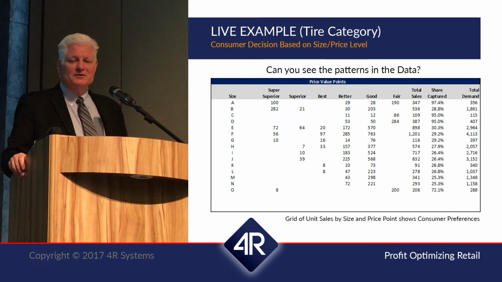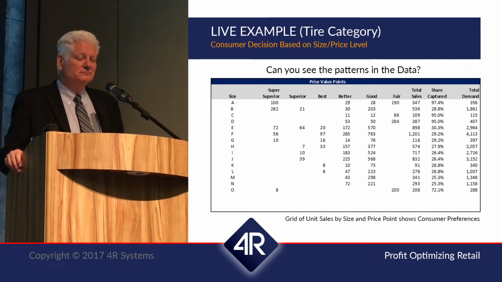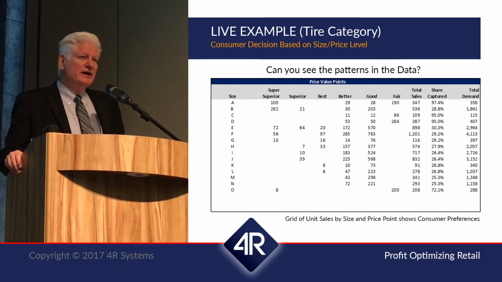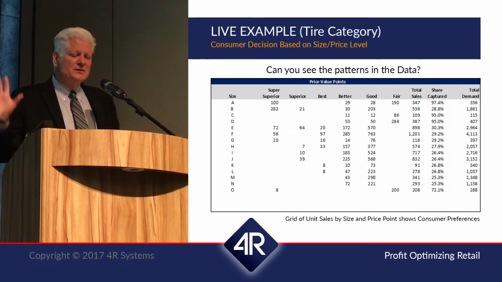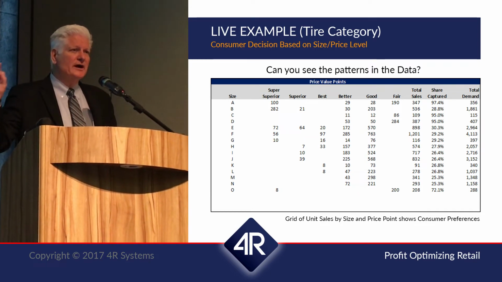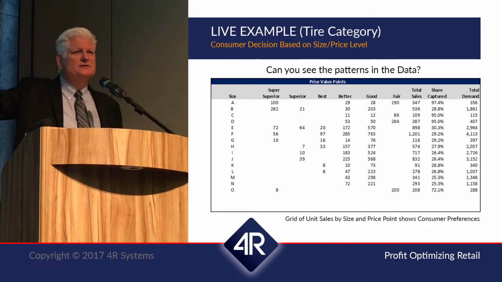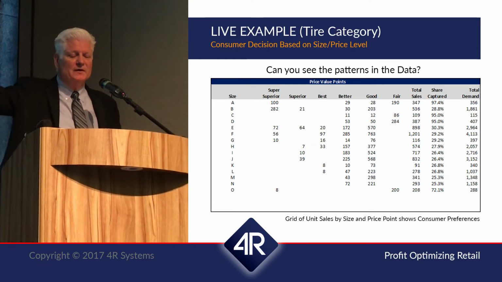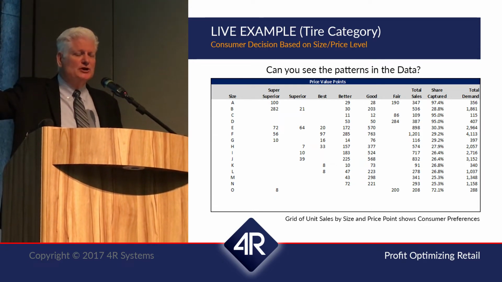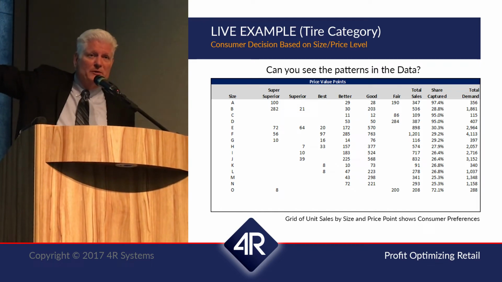So the first question is, can you see the patterns in this data? Along the left-hand side is a size. These are automobile tires. And along the top are price bands. The best way to think is on the right are the cheaper, which is fair, or the cheapest ones.